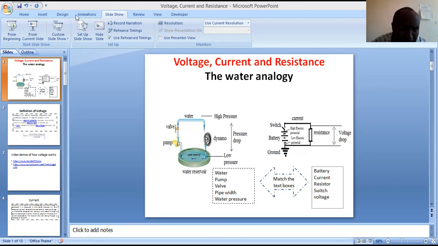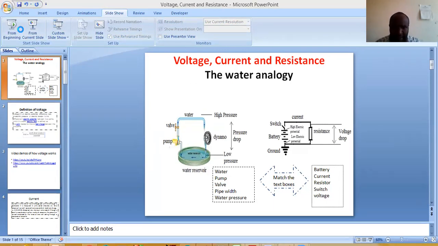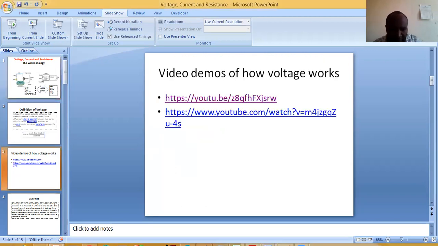Now, the next thing, let me first of all try and show this thing. Then the next thing I would want us to look at is a demo of what exactly voltage is. And we will be able to look at that in this short video clip.